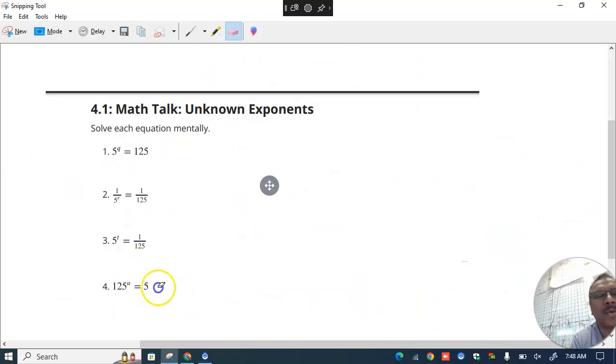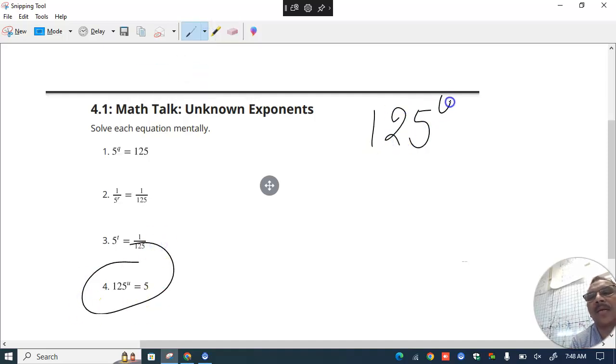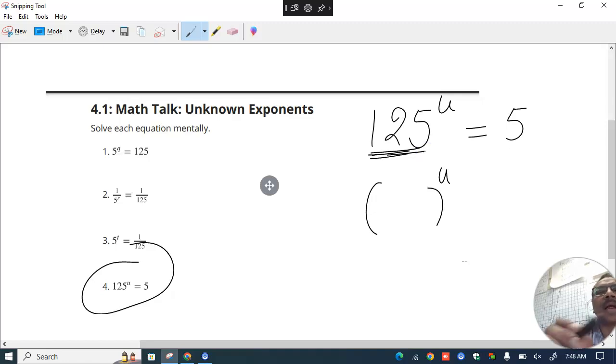So the question is, what is this? Now this looks a little confusing. It is 125 raised to u equals 5, right? Now watch this. This is the u part, right? And this 125 is 5 raised to 3. So let me write this in blue, which is 5 raised to 3.